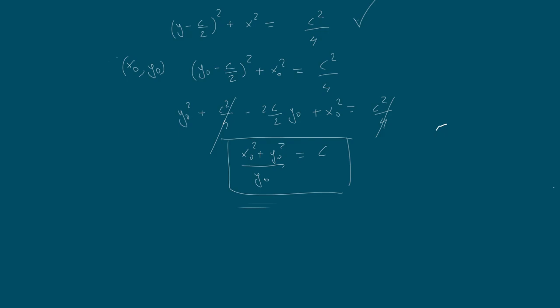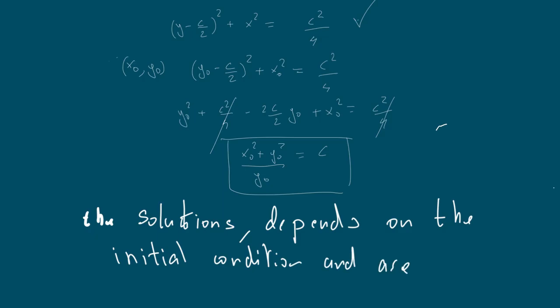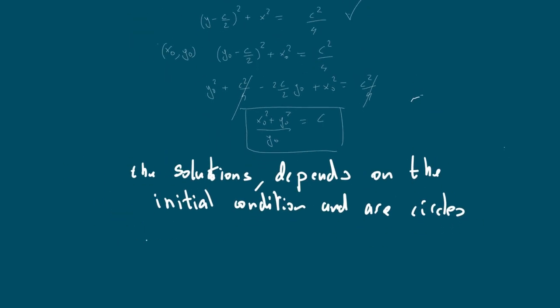So the solutions depend on the initial conditions and are circles of radius c divided by 2.